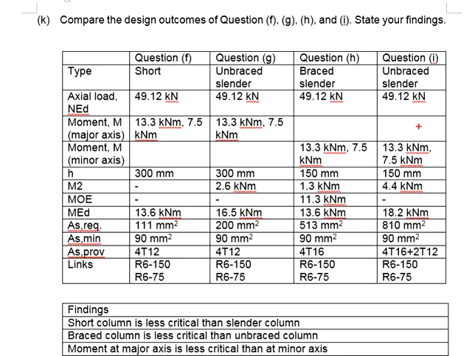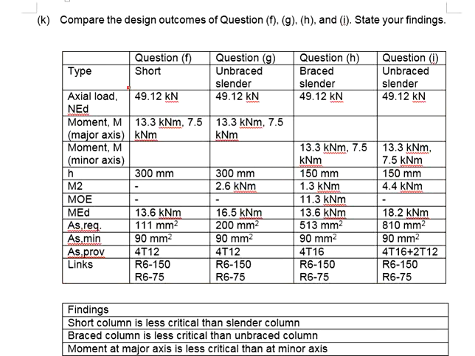The sub-question asks us to compare the design outcome for the 4 load cases and then state your findings. To answer this, you will have to look back at the calculation process for those 4 sub-questions, and I have worked out the summaries.